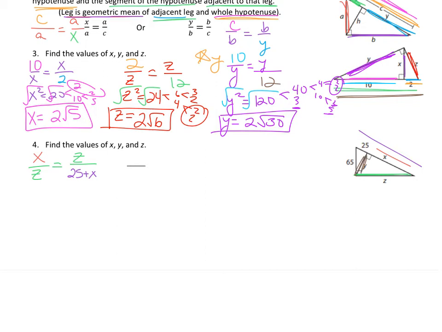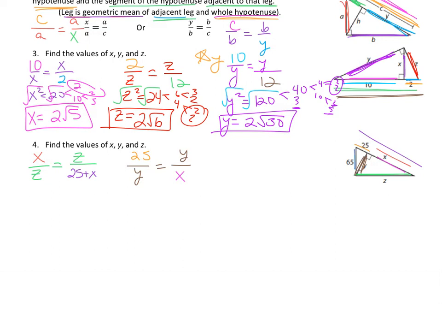So let's look at the y. My altitude is the geometric mean of the 2 pieces of the hypotenuse, so that would be 25, and that would be my x. And again, we've got a problem because we have y's and x's in this, so we have to move on. The next thing we can do is the other leg.